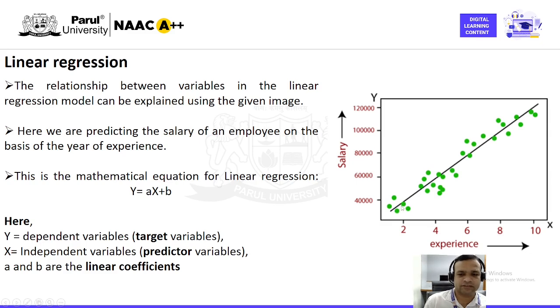You can see here, this is the best fit line, and all these data points are near it. So this is the best fit model. If the line is in this form, where no data point lies on it, then that is not a good fit line. So this is the example to understand the best fit line.